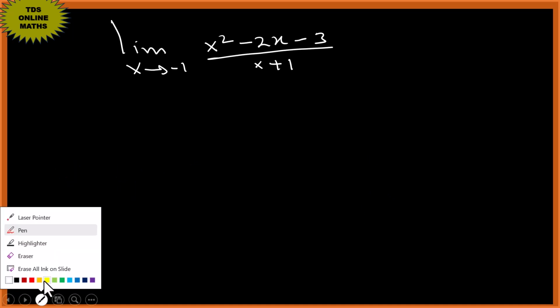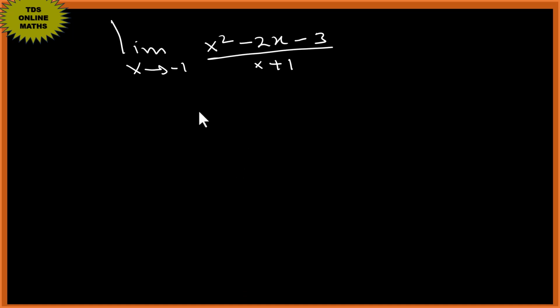So we have x squared minus 2x minus 3, which is 1 times minus 3. Let's find the two numbers that multiply to give this and add to give negative 2.